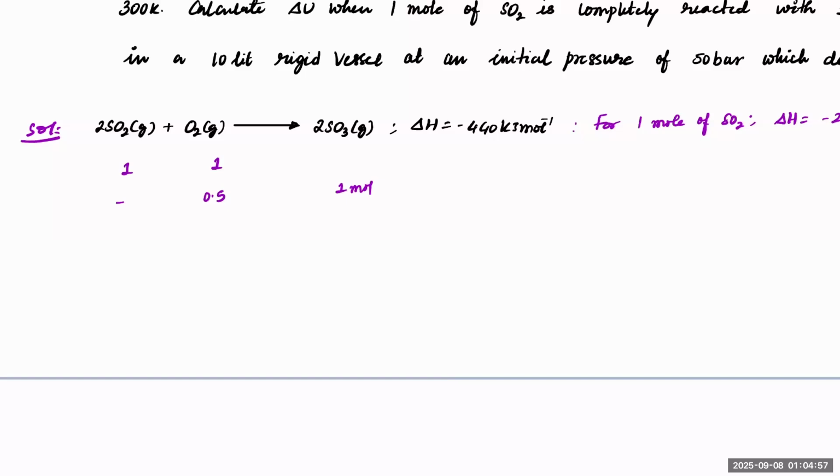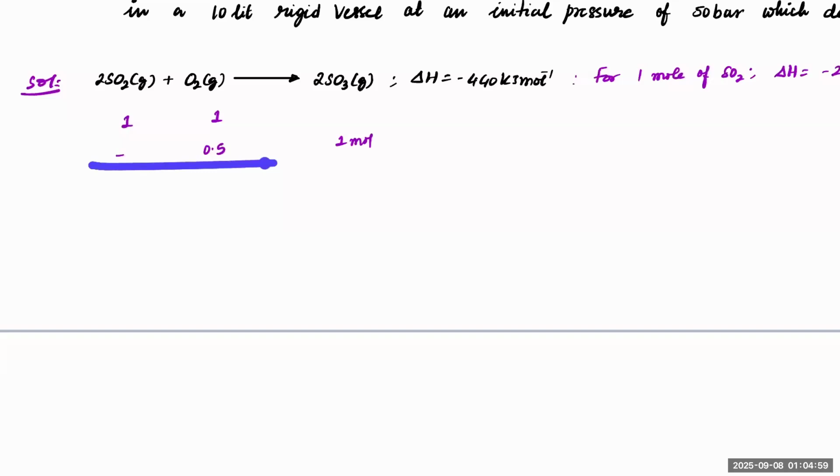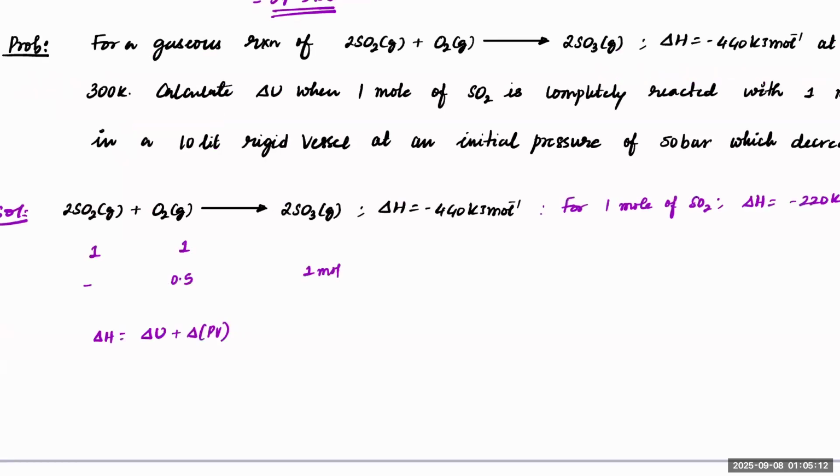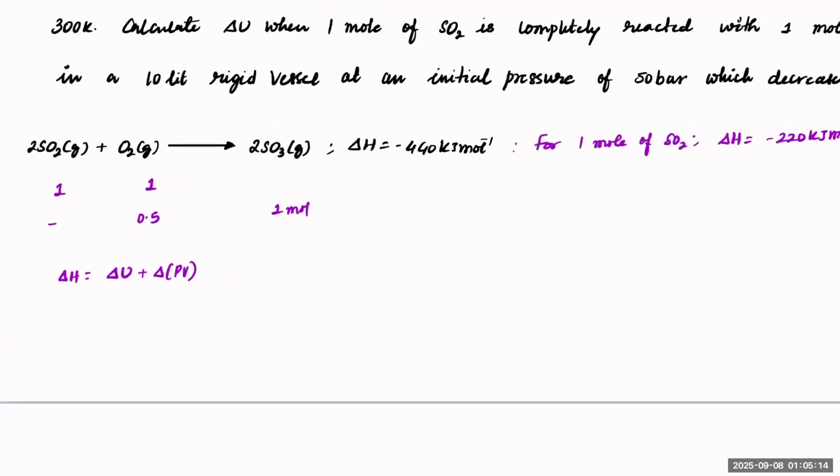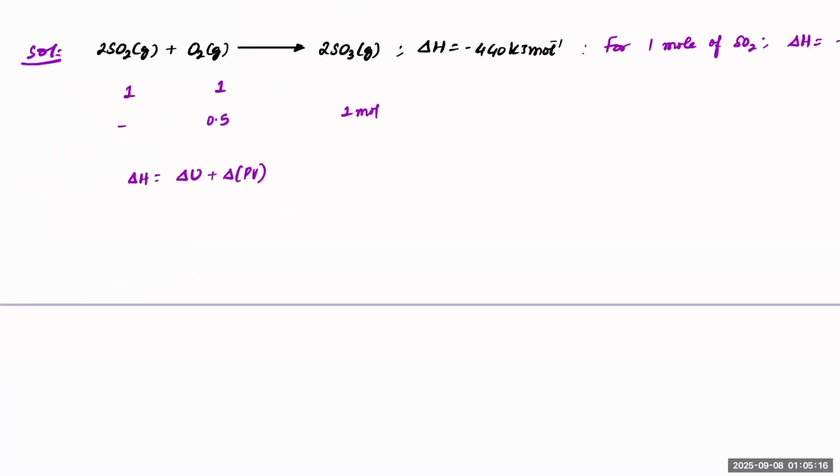But it doesn't matter, the reaction is happening. Now I need to find delta H, which is equal to delta U plus delta of PV. This is how it started actually. But here temperature information is not there, so do you think we should be using the formula delta Ng RT?